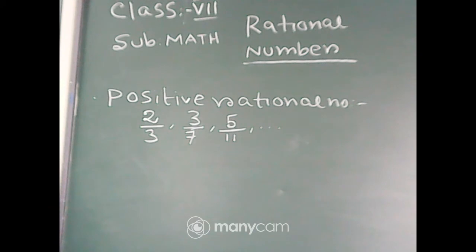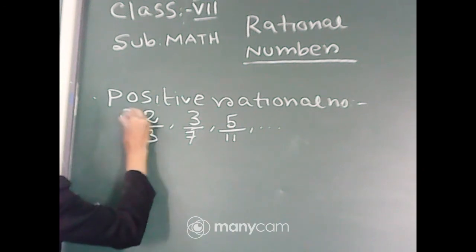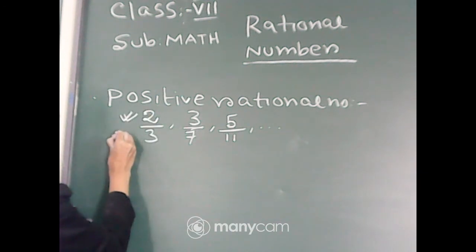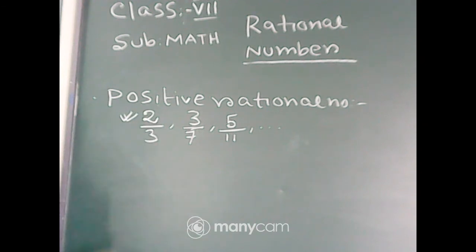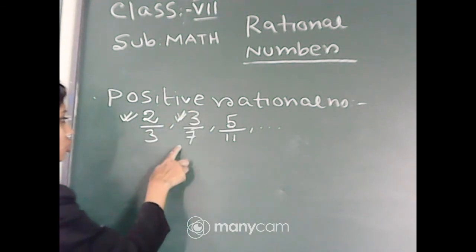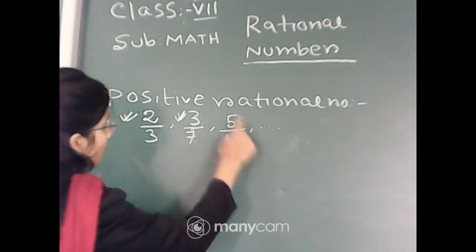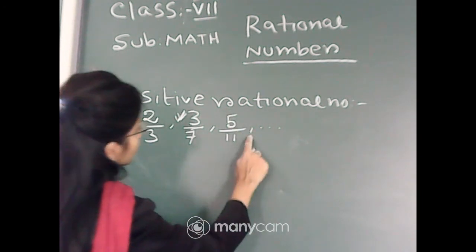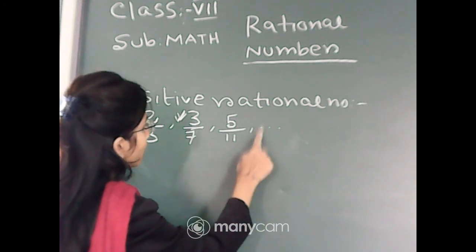Observe the rational numbers 2 divided by 3, 3 divided by 7, 5 divided by 11, and so on. In each case, both the numerator and the denominator are positive.